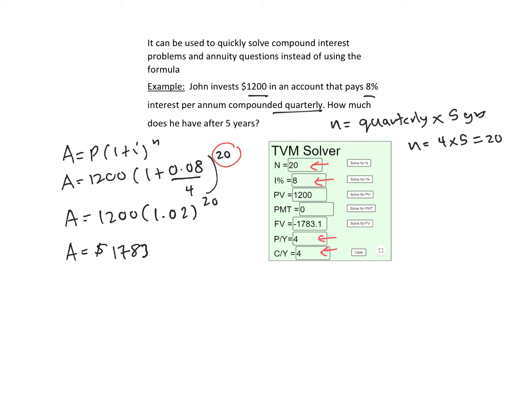So it will do that for you. There is no payment because we're only depositing once, and we're starting with $1,200. What we want to solve for is the future value, or the end amount. We click on solve for FV and you will see that you get the answer, and it will be the same as using the formula.